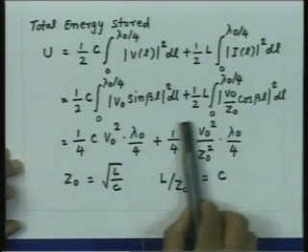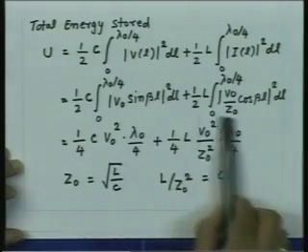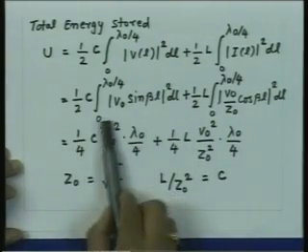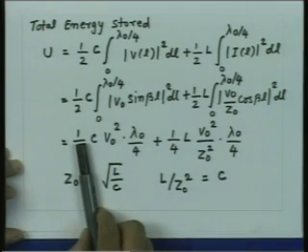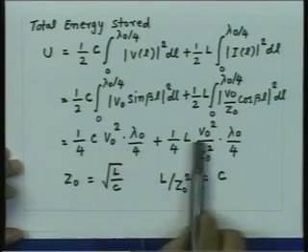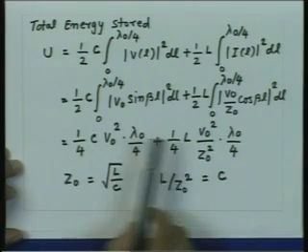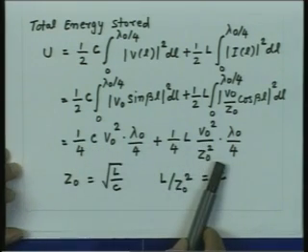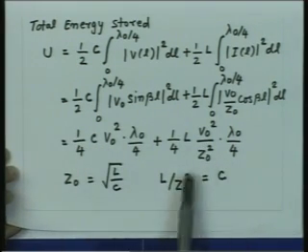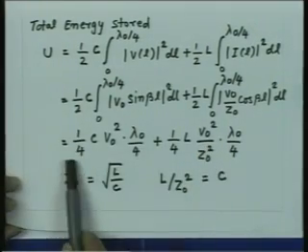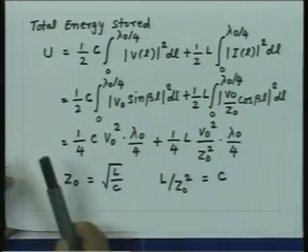So, this term represents the energy stored in the inductance of the line, this term shows the energy stored in the capacitance of the line, and from here we see these two quantities are equal. That means the energy stored in the inductance and capacitance of the line are equal. If I substitute for this, then the total energy stored will be nothing but twice of this term, because these two terms are equal.